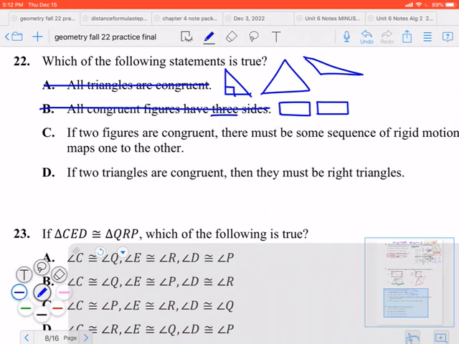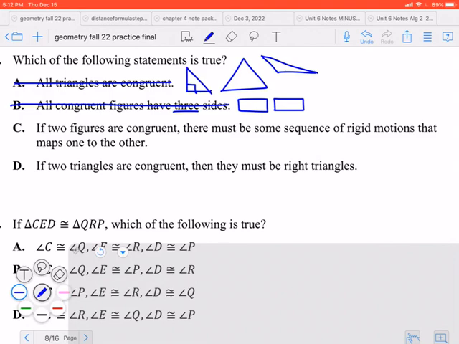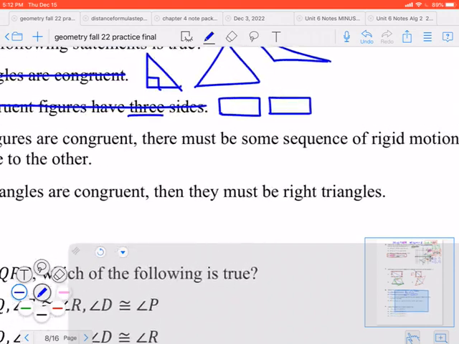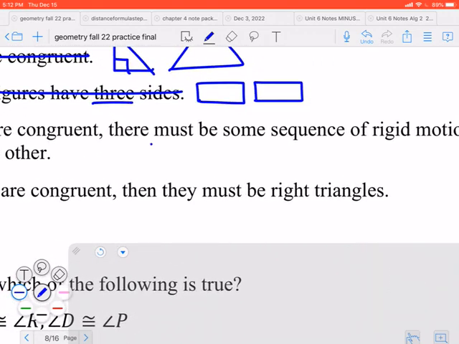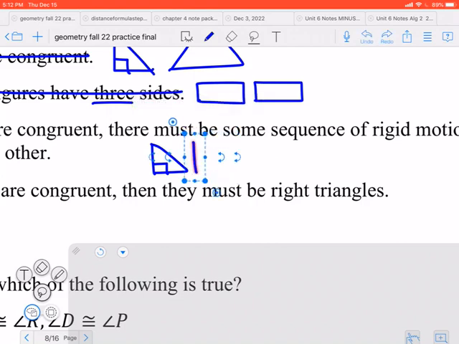If two figures are congruent, there must be some sequence of rigid motions that maps one onto the other. So I'm just going to make up a shape, maybe that right triangle again. If I have a congruent right triangle, the rigid motion means if I take one of them and move it onto the other, it would be sitting exactly on top.